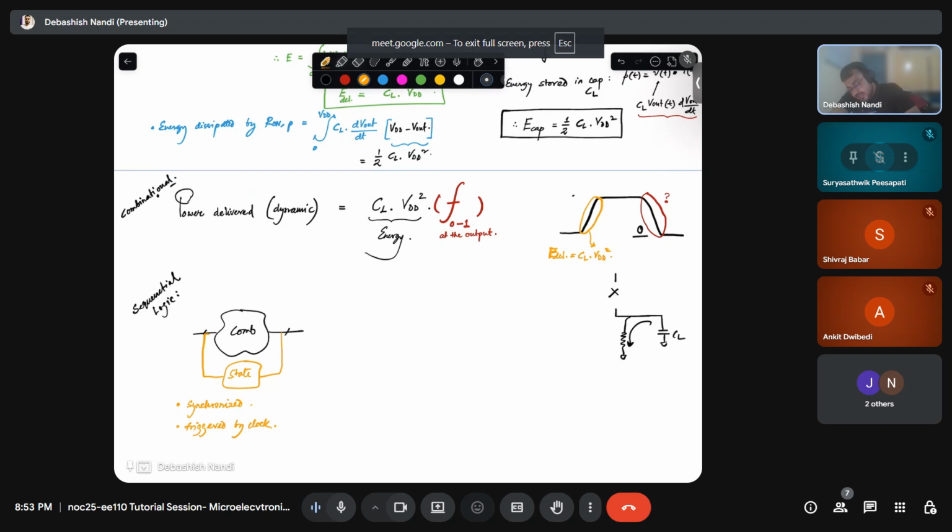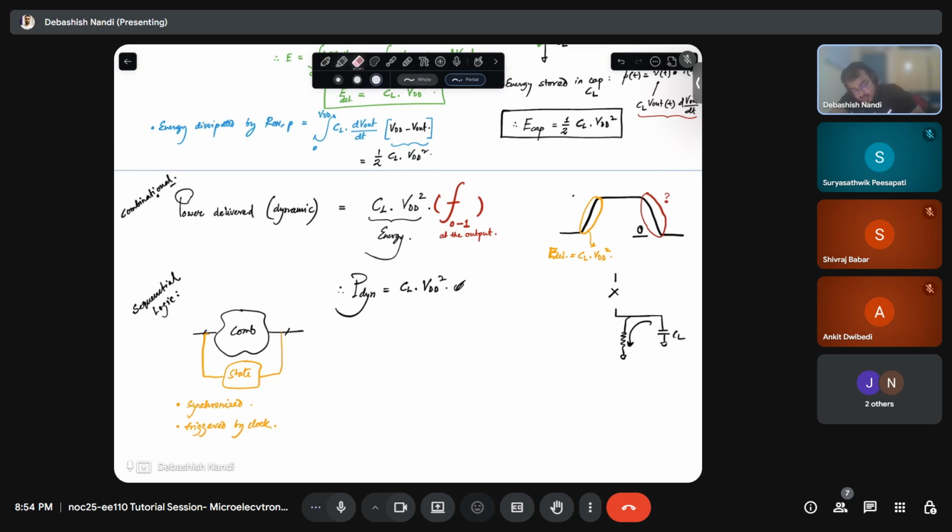So basically, in the case of a sequential scenario, your P dynamic will be CL VDD square times, and there is also another property, F clock times probability of 0 to 1 transition.